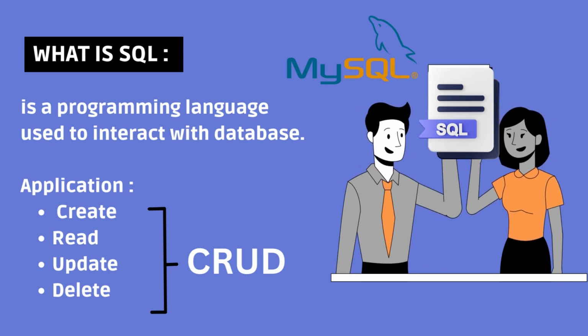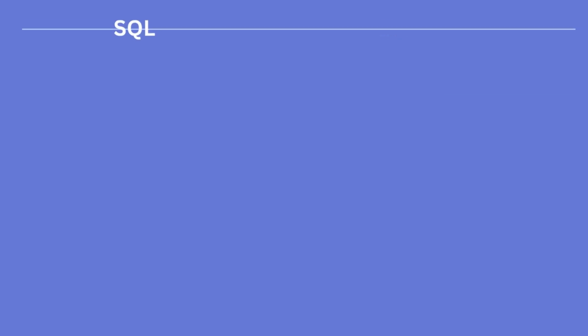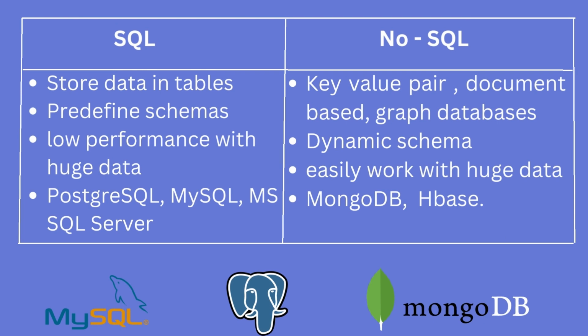Now let's see what is SQL and what is NoSQL. In SQL we store data in a tabular form, but in NoSQL we do not store our data in a tabular form. Instead we store our data in key-value pairs, document-based, and graph databases. In SQL there are predefined schemas, and in NoSQL we have dynamic schemas.